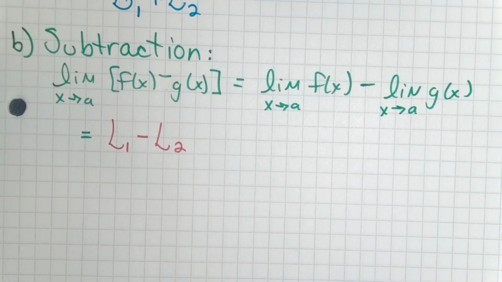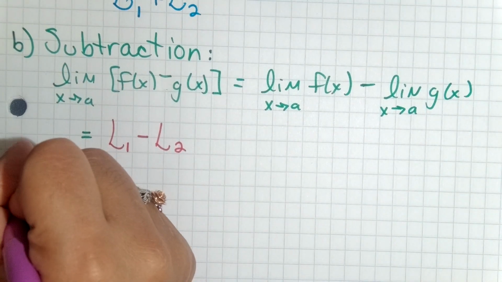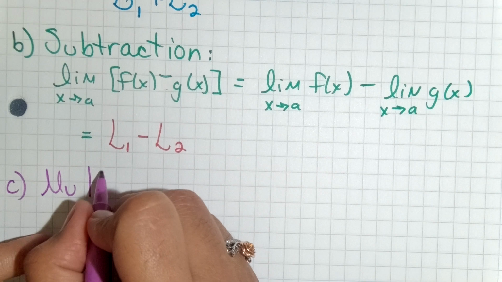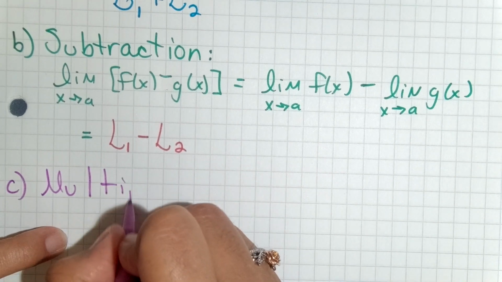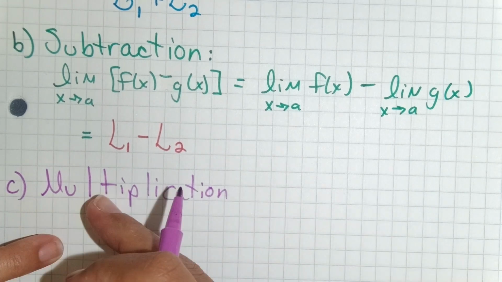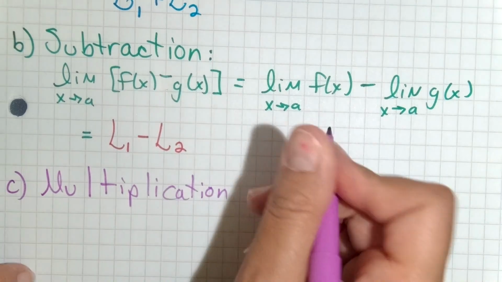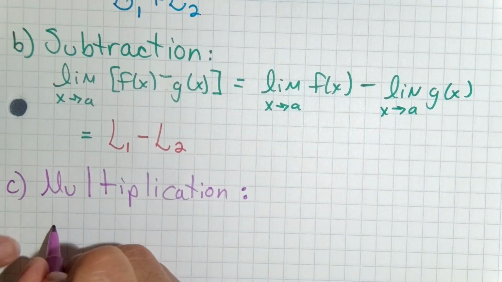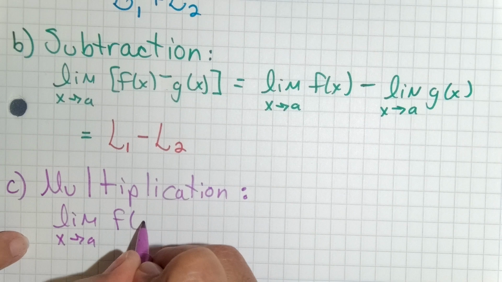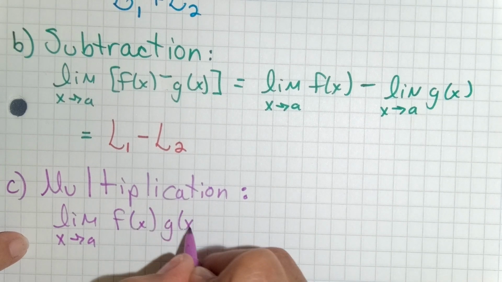Okay. C. We have 3 more laws. Multiplication. What do you think we're going to do to the 2 functions? Multiply. So f of x times g of x.